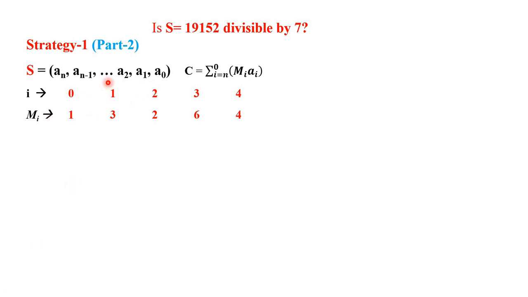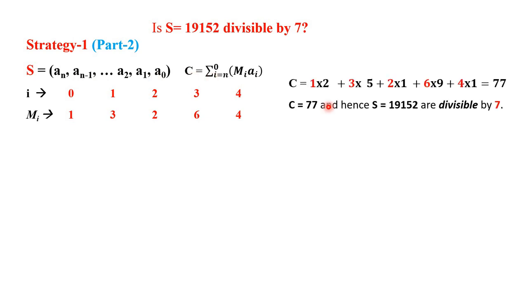S is such a number of digits A0 to AN, and then what we have done, we have extracted a smaller number C from S using these digits as Mi times Ai. Mi are the multipliers, and we have evaluated those multipliers for i equal to 0 to 4, like 1, 3, 2, 6, 4. So you have to get now C. So in red color 1, 3, 2, 6, 4, multiplied by Ai.